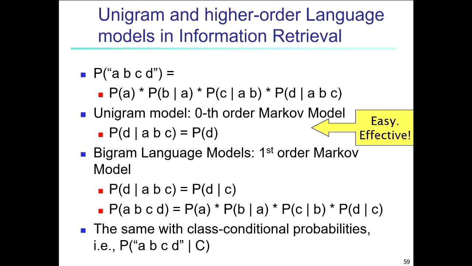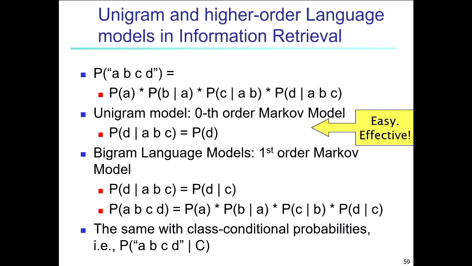So we want to model the probability of A, B, C, D, such kind of text. And according to the probability series, this probability equals probability of A times probability of B given A, and probability of C given AB, and so on and so forth.